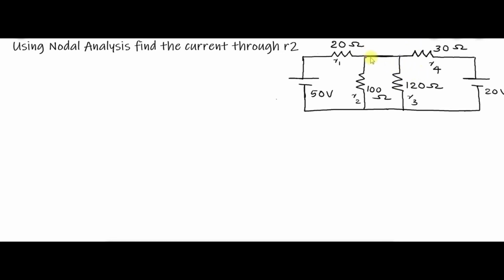But we have to consider a node in such a manner that the maximum number of elements reach that node. And also, the nodal potential is always higher than the other voltages appearing in this equation.